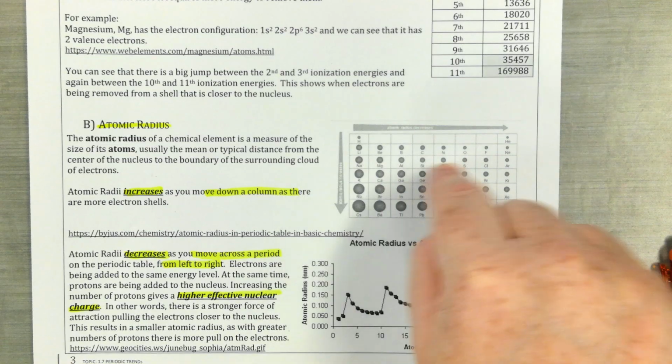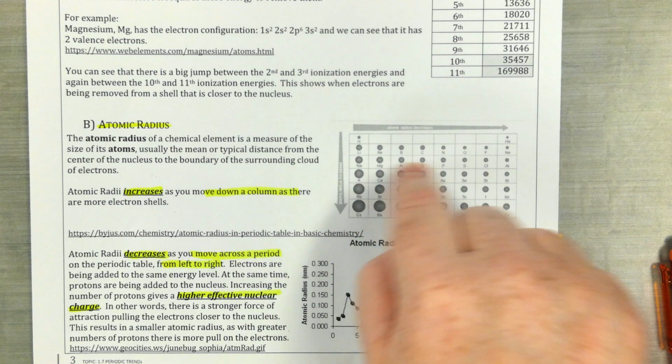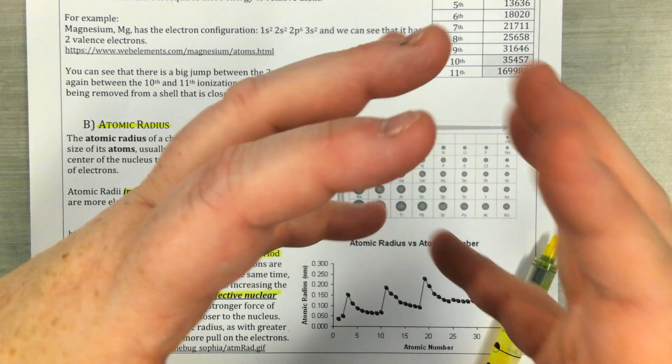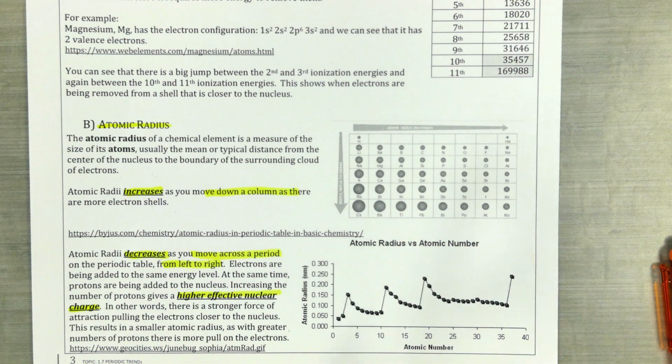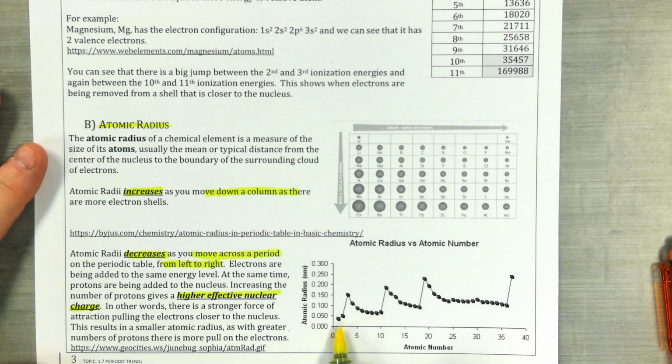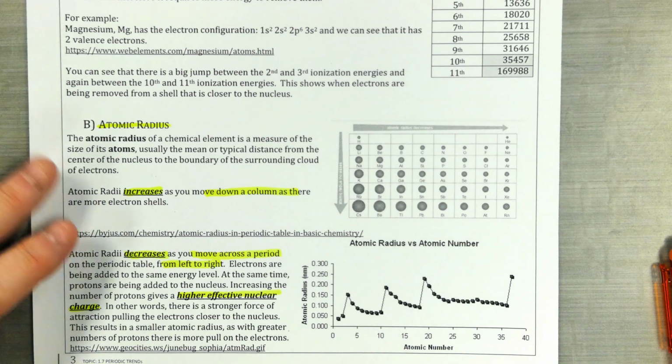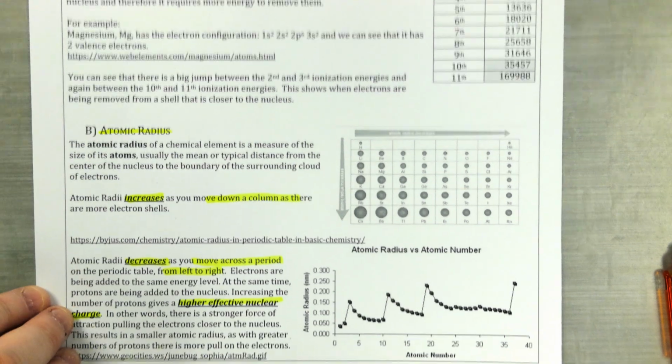So even though this only has three shells, it's got more and more protons, and those protons are pulling the outer shell electrons in, and it makes a smaller atomic radius. So this graph goes up and then curves down, like a negative linear line. So here's period 1, and then period 2, and then period 3.